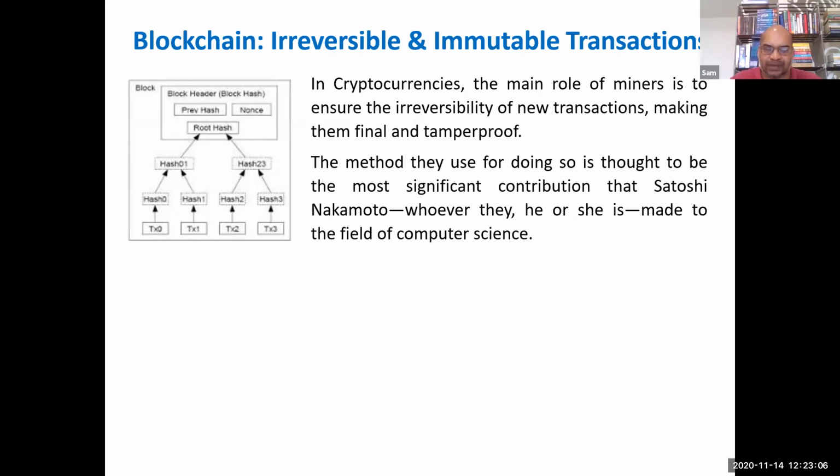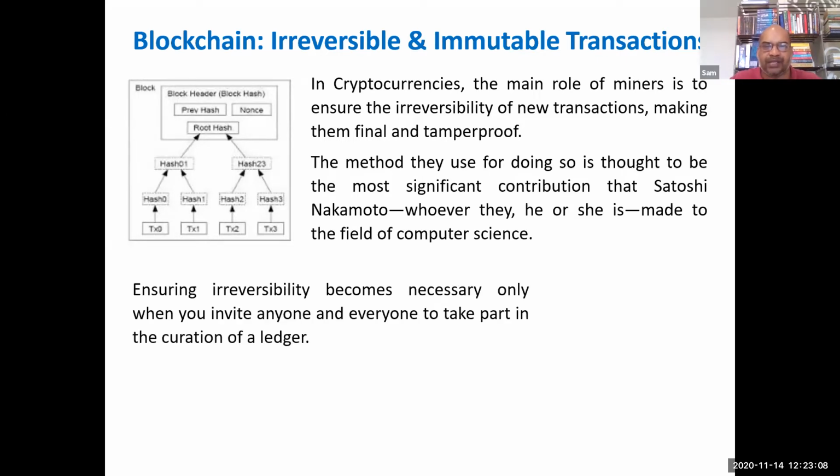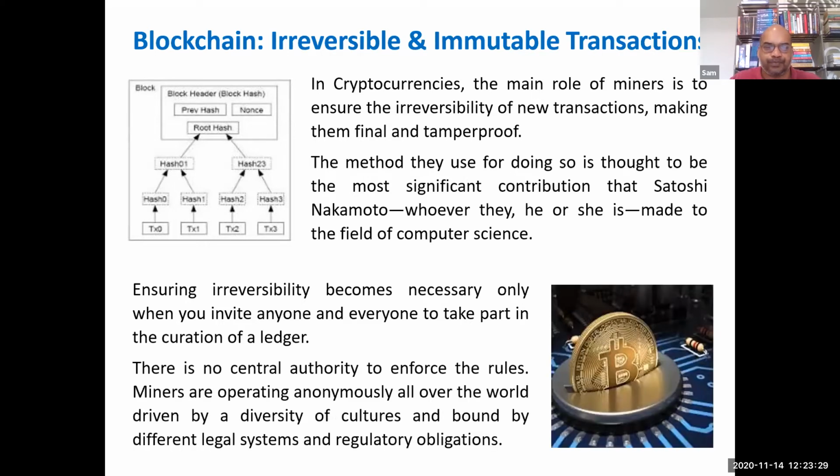They find the new hash, and whichever miner is running these computations to find the nonce value first is able to add the transaction to the block of records, the chain of blocks, and they get paid in a newly minted coin. The thing to note here is there is no central authority to enforce rules.